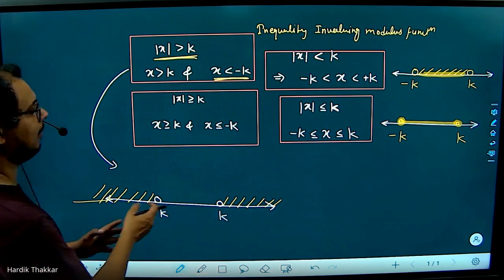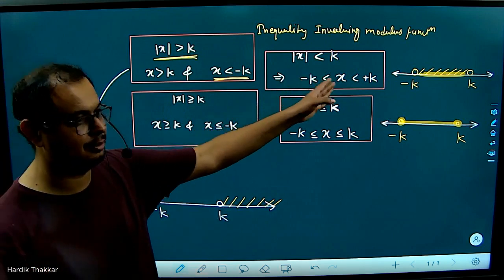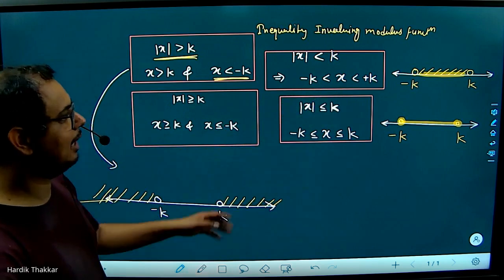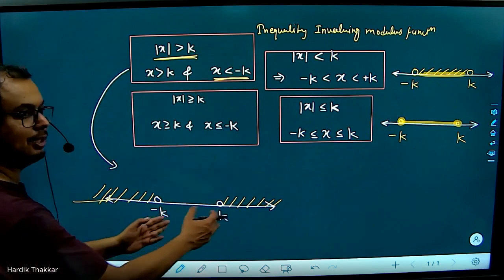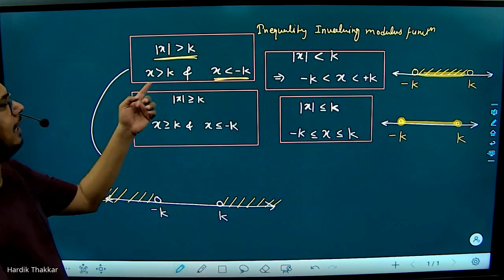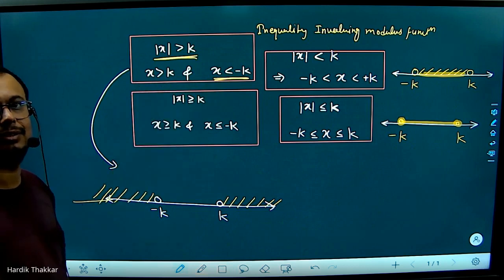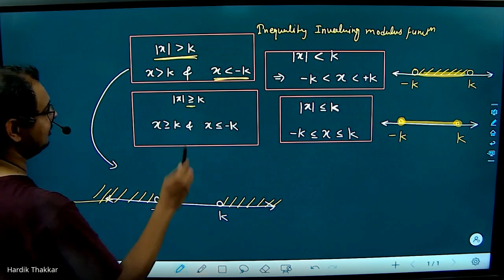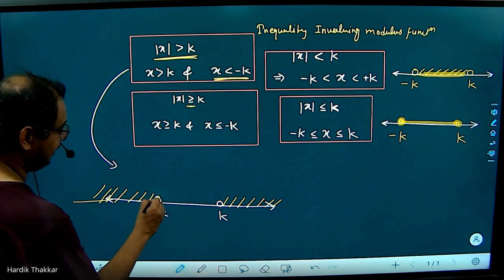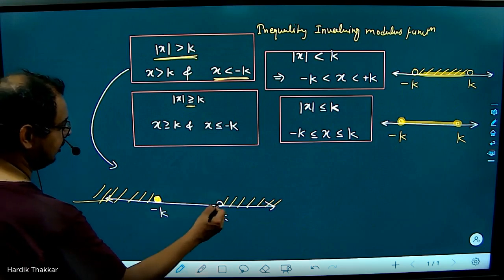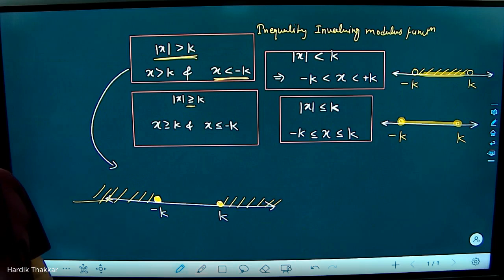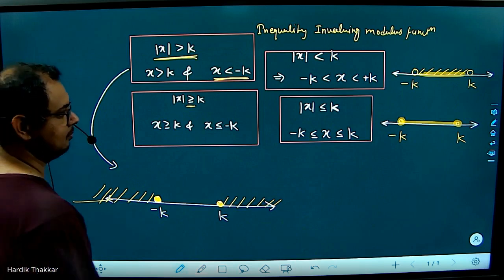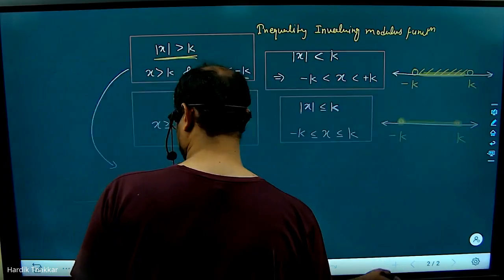So we cannot combine the two conditions in this way. Here our solution is only in one segment, whereas here our solution is in two different segments. That's why we have to write separately like this. Similarly, if it is a slack inequality, here k will be included and graphically we have to fill this bubble, and this will be our solution in the fourth case. Okay, is it clear? Yes, sir. Understood.